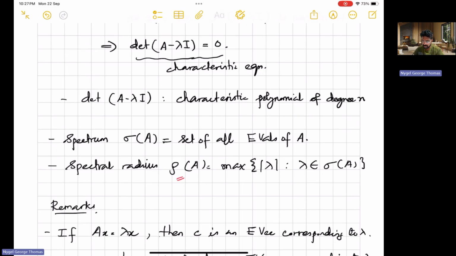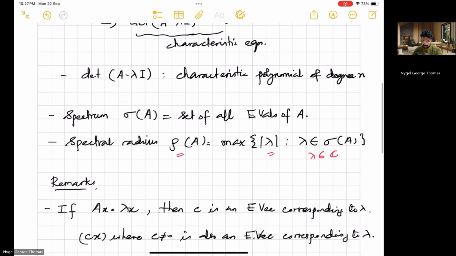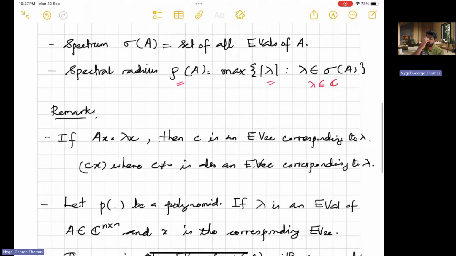Note that it's not the maximum of lambda, it's the maximum of mod lambda, where lambda belongs to the spectrum. Lambda can be real as well as complex, so lambda belongs to C here. We've already seen the spectral radius in an earlier video.